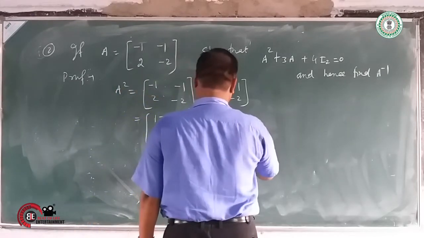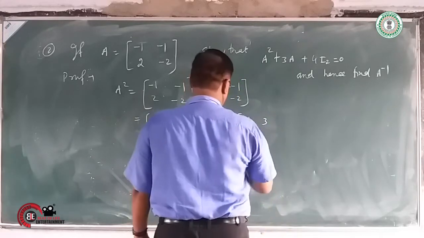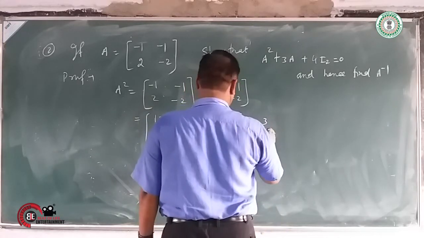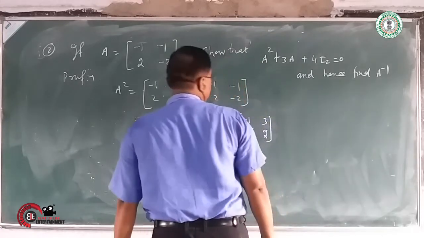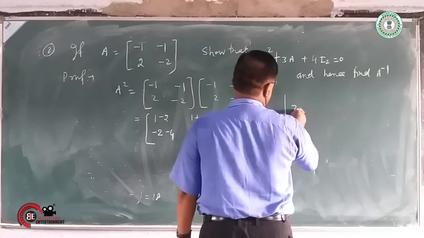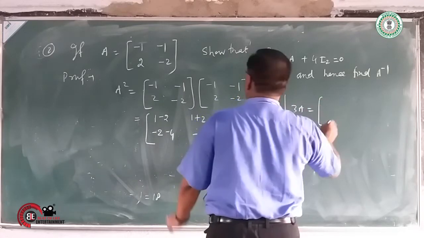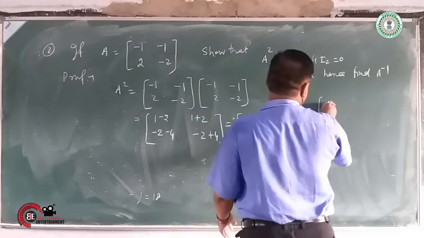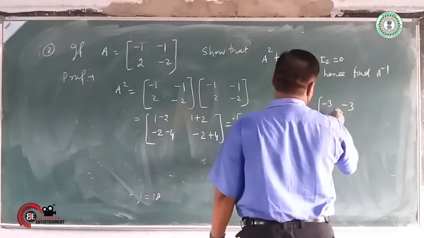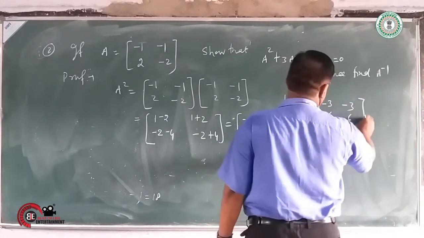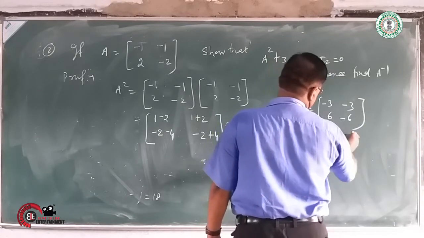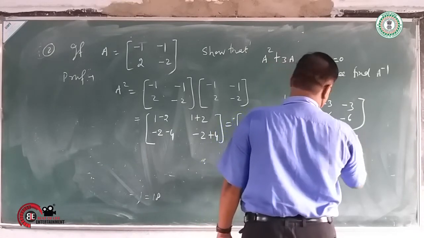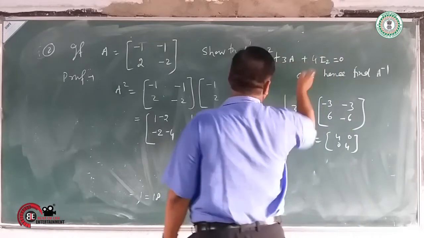So A square is equal to [-1 3; -6 2]. Now 3A will be [-3 3; 6 -6], and 4I2 is [4 0; 0 4]. Now substitute the values here.